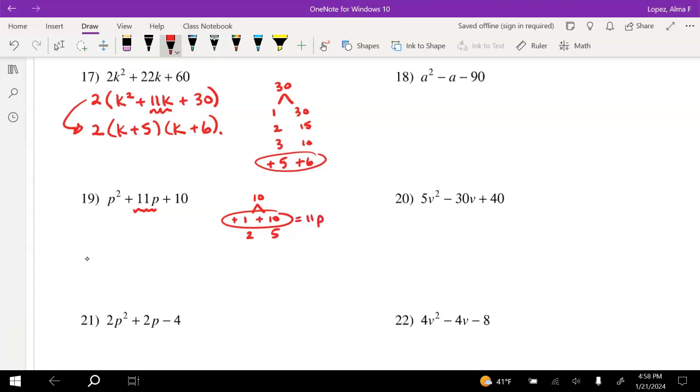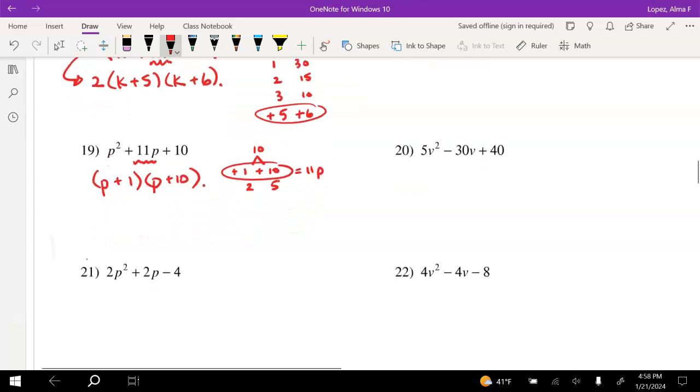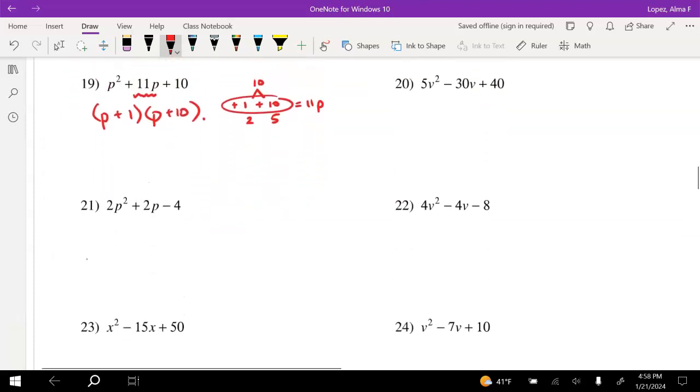That's going to give me the 11p in the middle term. I'm sorry, I didn't mean to write that. We're going to open up our two parentheses factors in the lead term. P squared factors into p and p. And for factors of 10, we're going to use a plus 1 and a plus 10. And again, you can check any of these by simply multiplying right back through again.